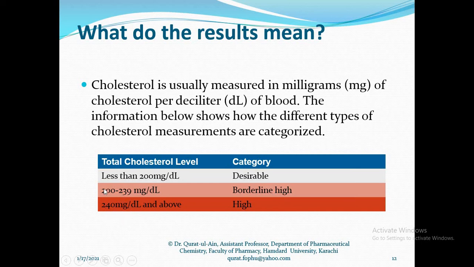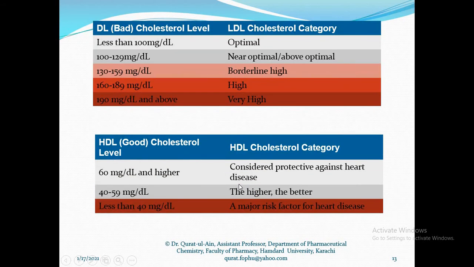If after performing the test a person is diagnosed to have cholesterol in his or her blood with a concentration of 240 milligram per deciliter or above, it indicates that the person's cholesterol level is too high. So a high cholesterol level is an indication that the person may suffer from heart disease, heart attack or stroke.